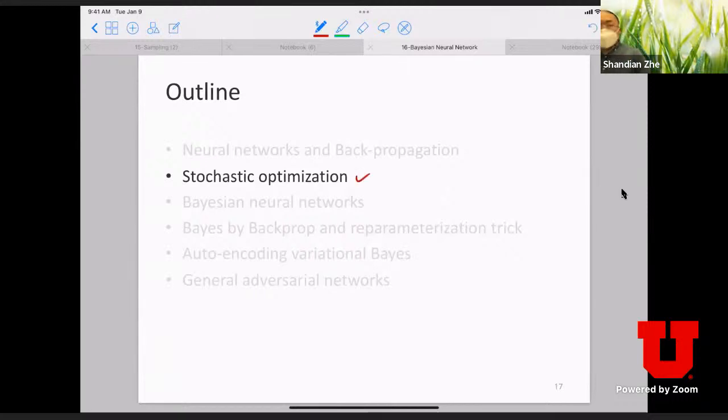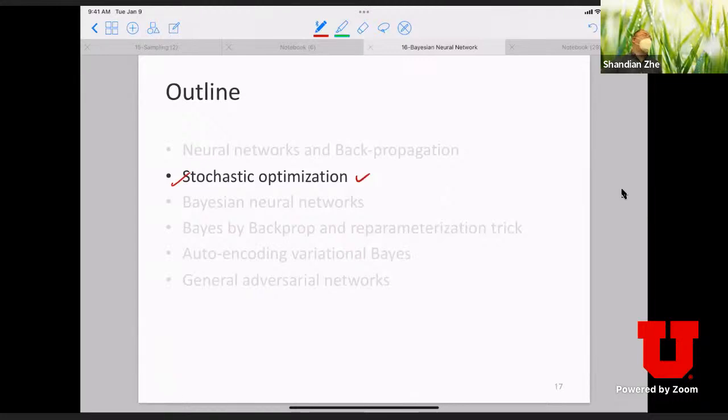But what specific optimization approach makes neural networks so popular and so successful? There are a lot of optimization approaches, right? In the neural network domain, the most popular training or optimization technique is called stochastic optimization. And it is stochastic optimization that makes neural networks so powerful and also scalable to very large datasets.